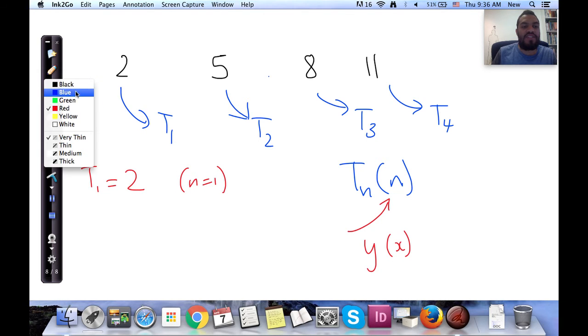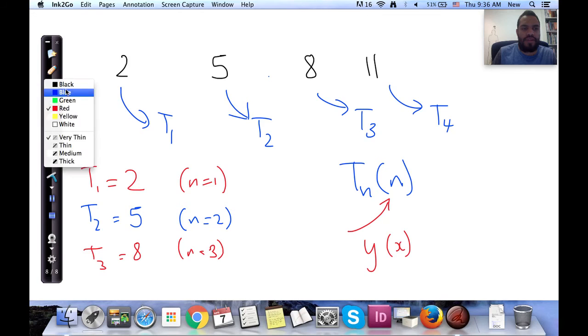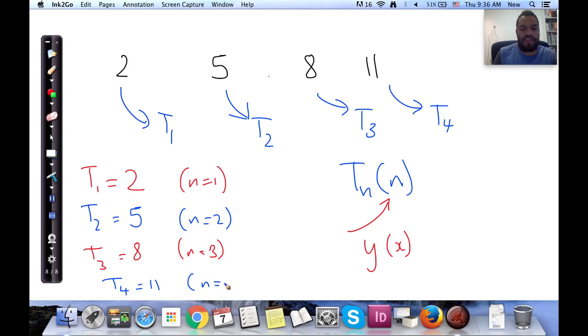T2 is equal to 5, and it corresponds to n equals 2. Then T3 is equal to 8, and that corresponds to n equals 3. And finally T4, can you guess what that would be? T4 is equal to 11 and corresponds to n equals 4.